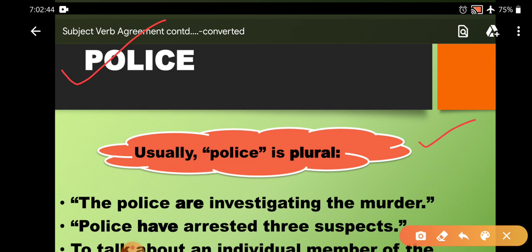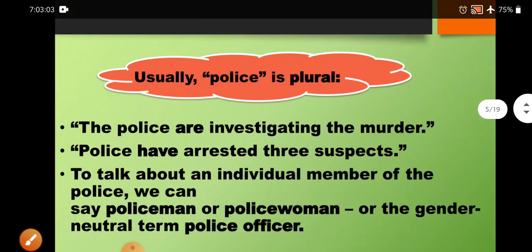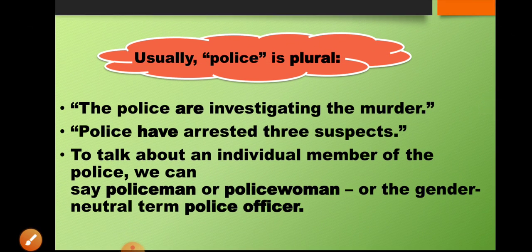The police have busted the gang. So usually the word police is used as plural, but when you have to be specific and you want to use it as a singular, you say the policeman or the policewoman or the police officer.